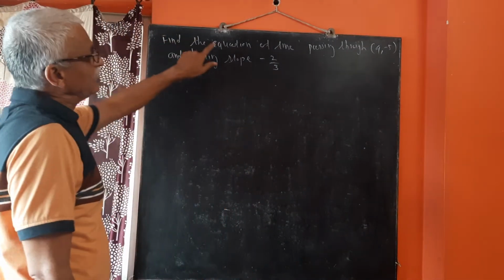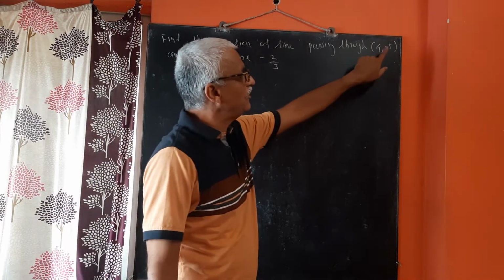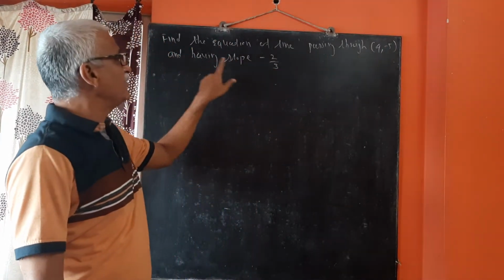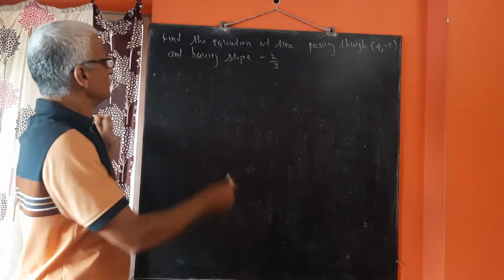We have to find the equation of a line passing through the point 4 minus 5 and having slope minus 2 by 3.